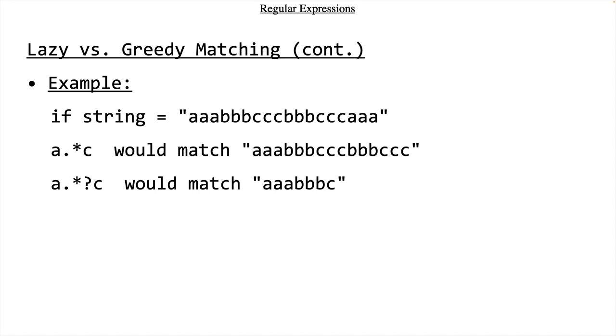So most of the string. It doesn't have the last AAA. Now, if I put a question mark after that asterisk, I want the shortest match, which is going to be AAA, BBB, C. So there's an example of greedy matching and lazy matching.